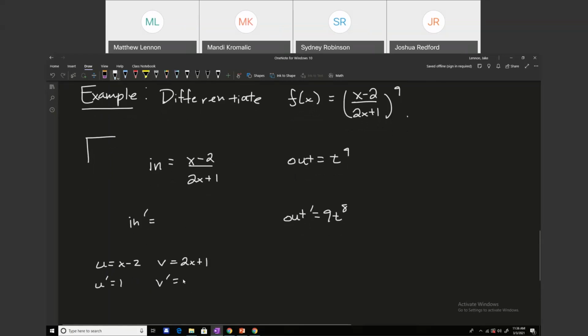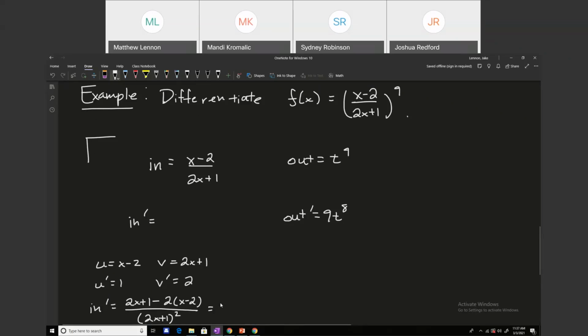V prime is 2. So my inside prime is u prime v. So multiplying by 1 doesn't do anything. Minus uv prime, 2 times x minus 2 over v squared, 2x plus 1 quantity squared.